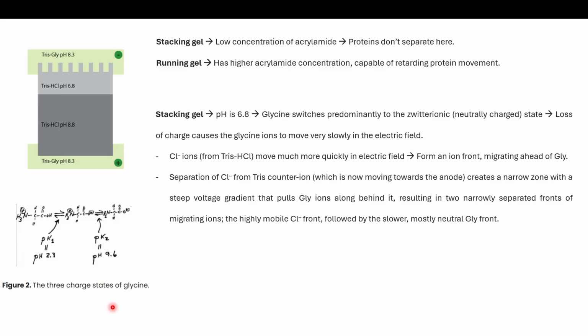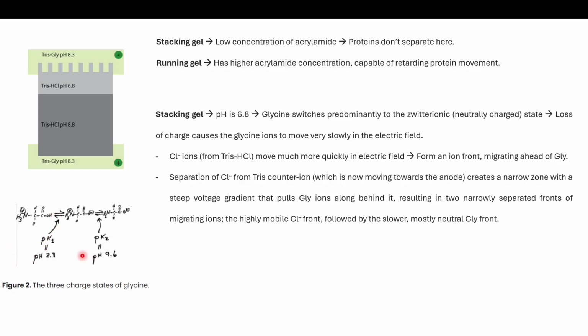Depending on the pH of the surrounding medium: if the pH is low, then the H plus concentration is high, so COO minus will exist as COOH. Since the H plus concentration is high, the lone pair on the nitrogen atom can easily donate its electron pair to a hydrogen ion and form NH3 plus. So at lower pH, glycine exists as a positively charged amino acid.